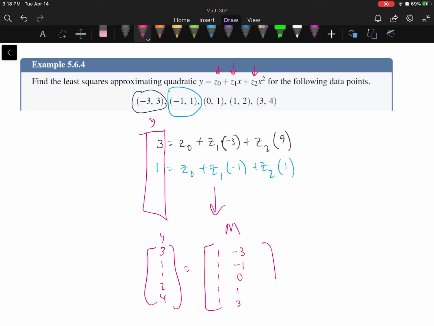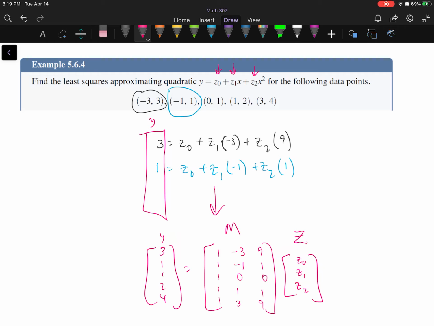And then in the rightmost column, we would have the squares of all of those. So -3 squared is 9. We've got 1, 0, 1, and 9 again. And then that is multiplied times our z vector of Z0, Z1, Z2. So there's our matrix equation version of this one.